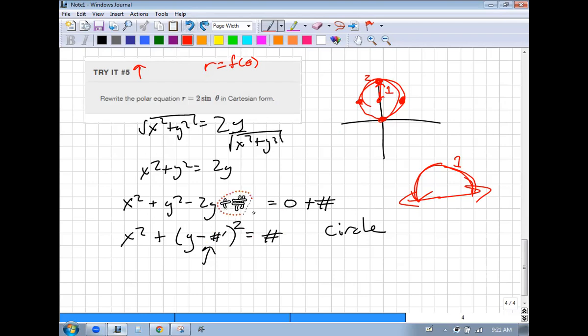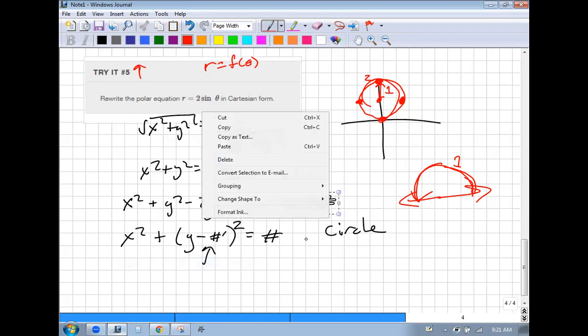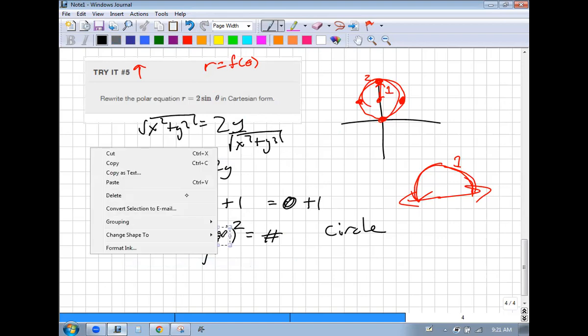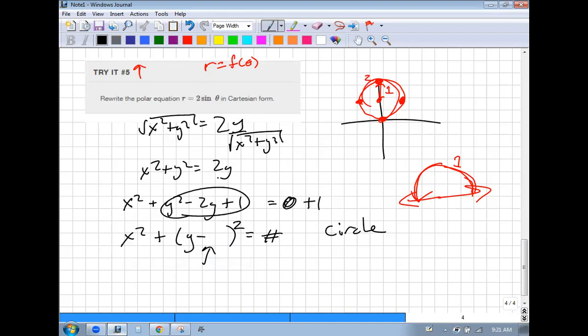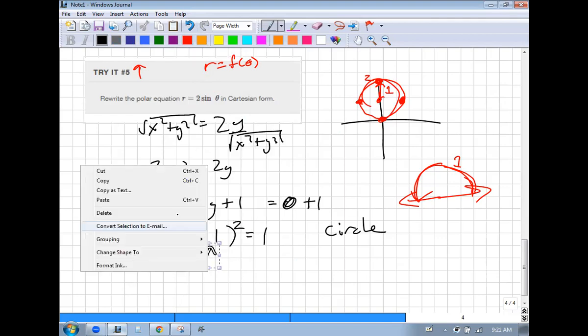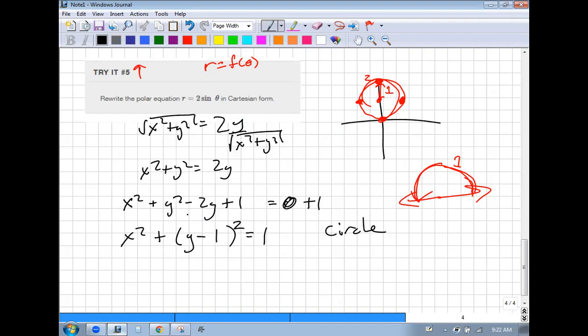So if we actually did the math, right, let's do the math here. This is 0. So if I added 1 to both sides, right, this is y minus 1 squared. I should have just done the math, it wasn't that bad. All right, completing the square, I added 1 to both sides. So this is a circle of radius 1, right, it's the same thing as 1 squared, but it's been shifted up 1.